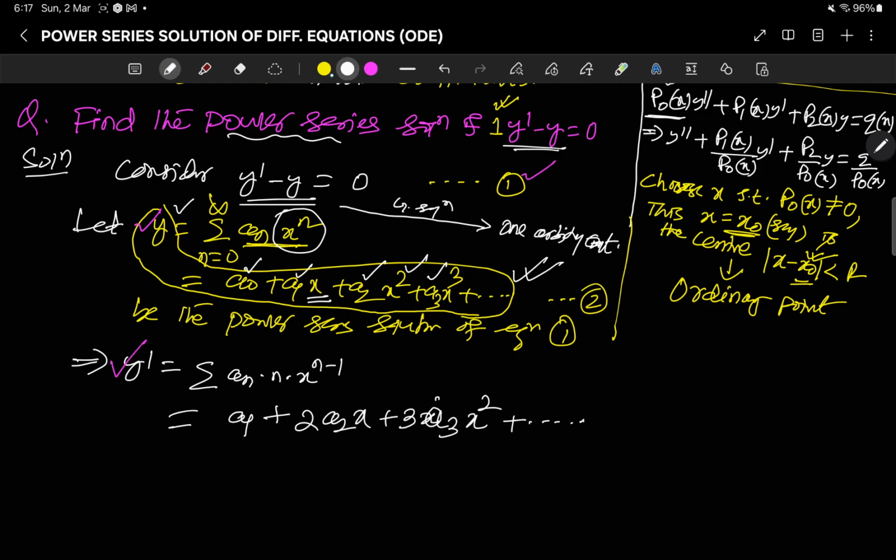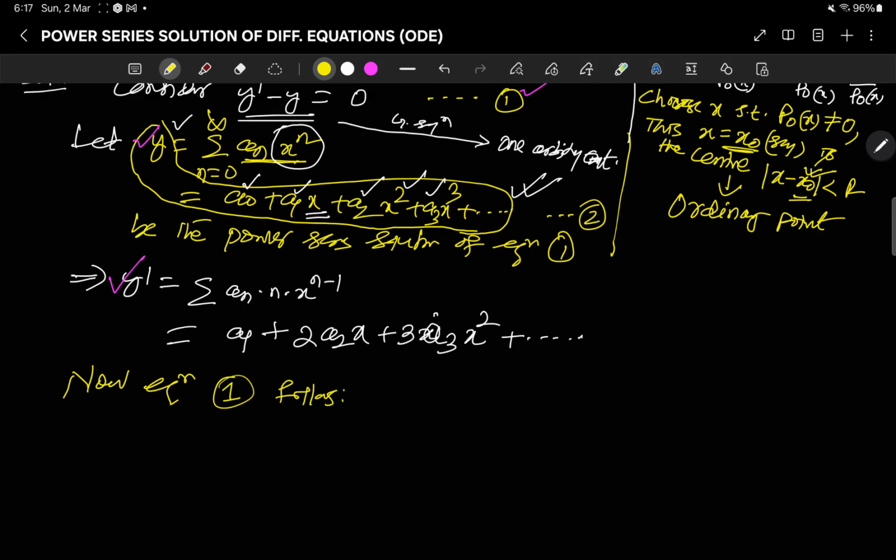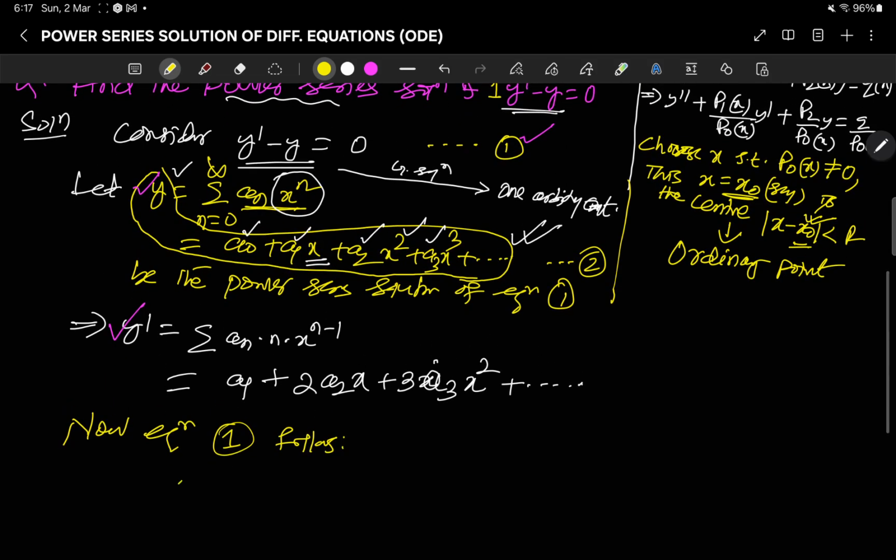Now equation 1 follows. In place of y dash, we write a1 plus 2a2x plus 3a3x square plus so on.